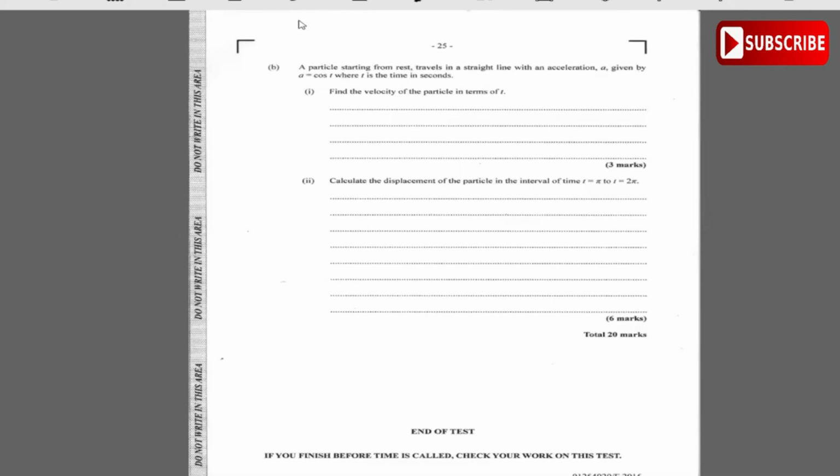So we have to remember that if the acceleration is cosine t, velocity is the integral of acceleration. So the velocity is going to be the integral of cosine t. When you integrate cosine t, you get sine t. So the velocity is actually sine t plus some constant.